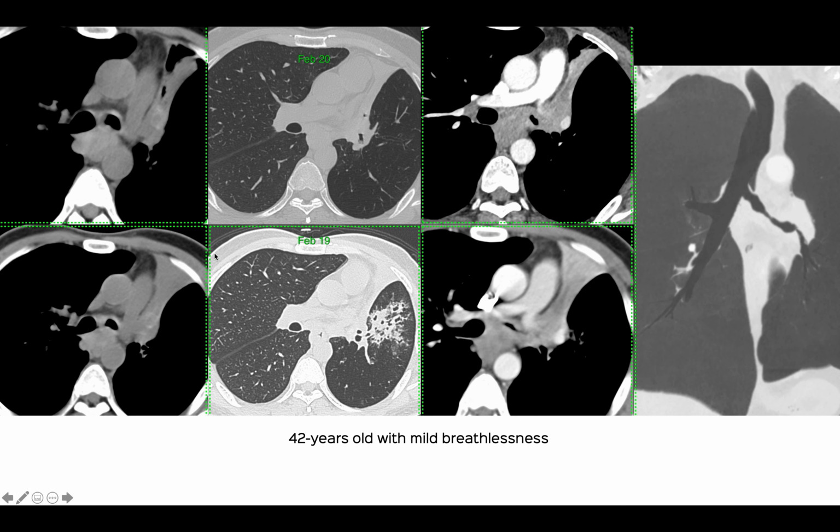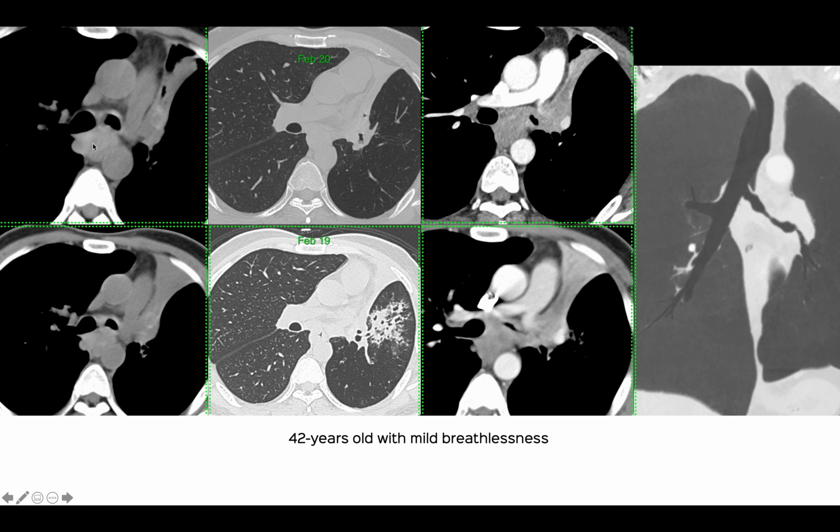Here is another patient, unusual presentation. In February 19, there was some post-obstructive infection. And we can see some calcification here obstructing the bronchus, and then there's post-obstructive atelectasis. The MIPs show the narrowing of the bronchus.